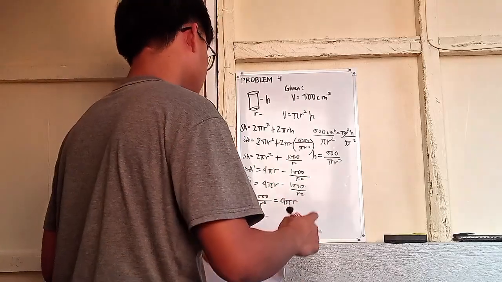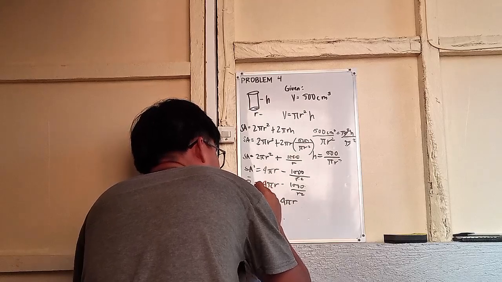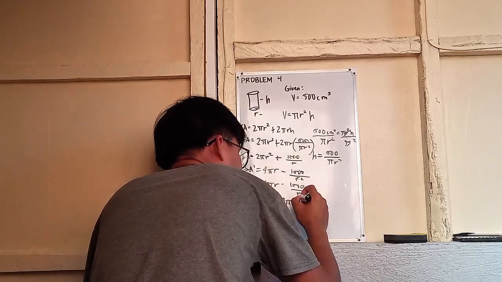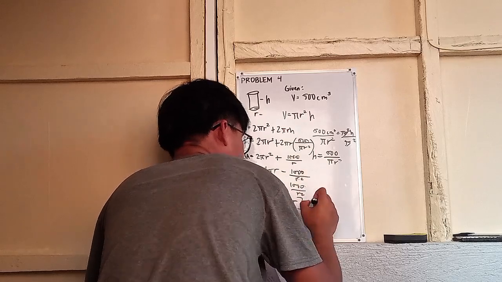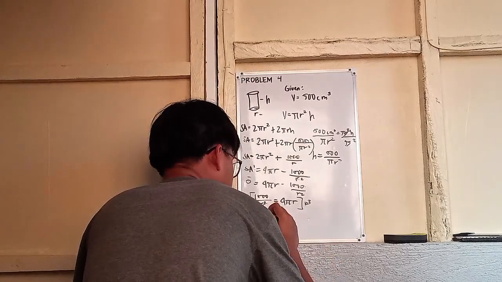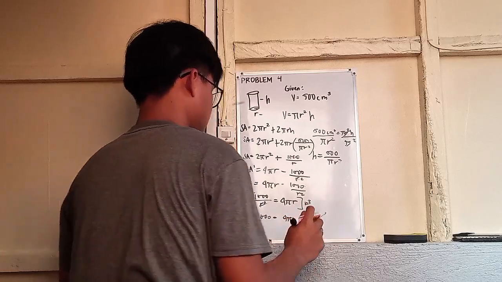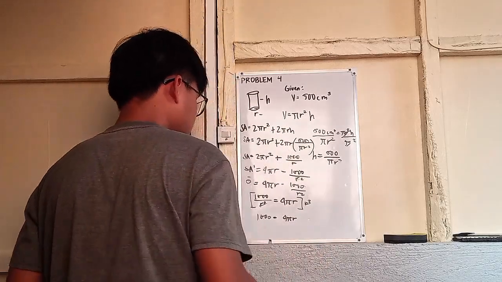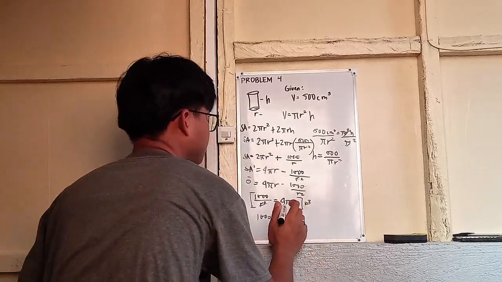So proceed, multiply both sides by r squared. Cancel. 1000 is equal to 4 pi r cubed.